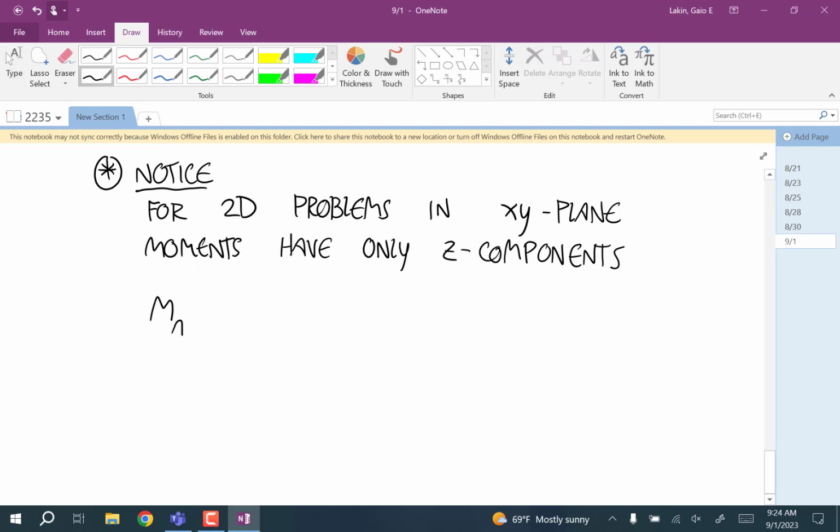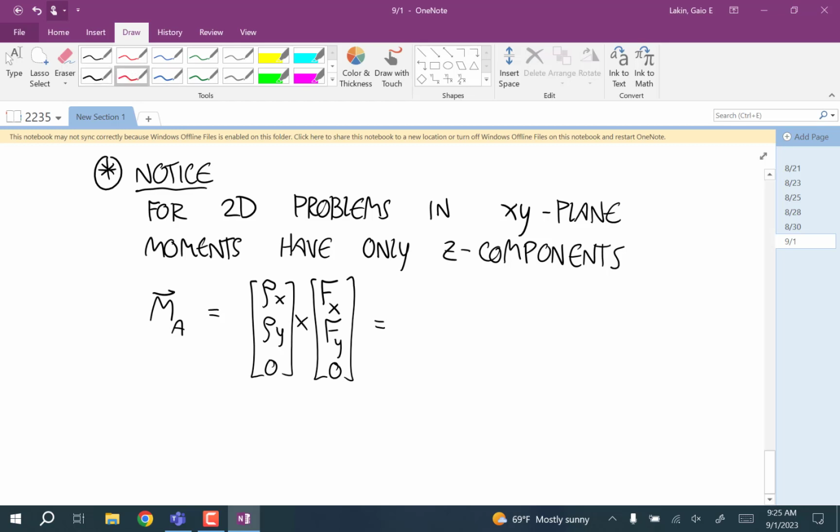And that's because if you calculate the moment of a row vector like this and a force vector like this, to calculate the x component, cross those out, and it's this times this minus this times this. Notice that both of those are multiplied by a 0, and so you get 0 for x.